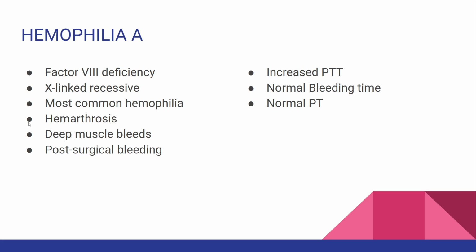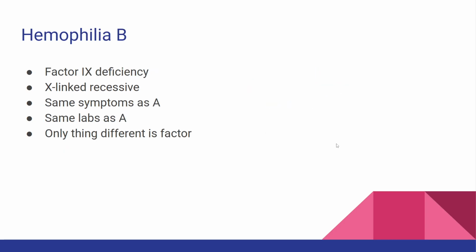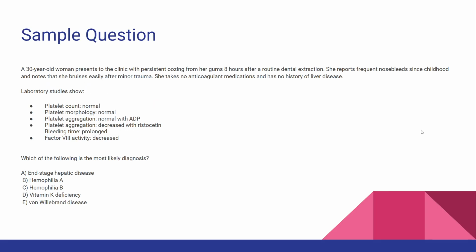I think hemarthrosis definitely is the most high yield, though. And then hemophilia B is pretty much the same, except it's factor 9 versus 8. That's the big difference in the two disorders.